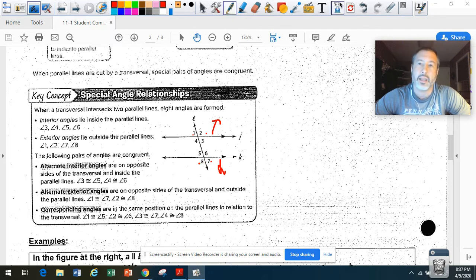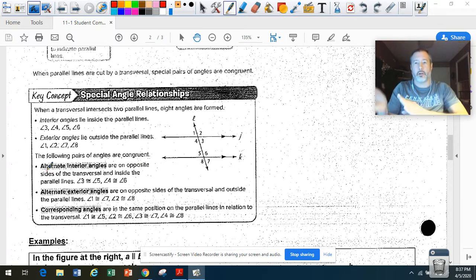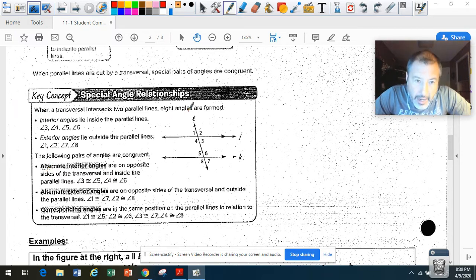So let's see what we have here now. It says the following pairs of angles are congruent, which means they are equal to each other. So we have what are called alternate interior angles. Let's take a look at this vocabulary first. Alternate, think of the word alternate. It goes on each side of the transversal. Now remember, L here is our transversal.